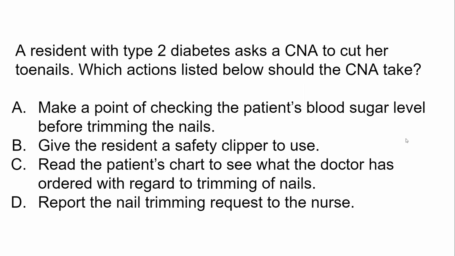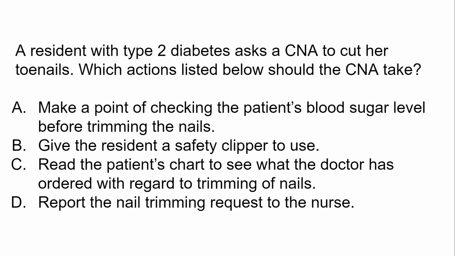A resident with type 2 diabetes asks a CNA to cut her toenails. Which actions listed below should the CNA take? A, make a point of checking the patient's blood sugar level before trimming the nails. B, give the resident a safety clipper to use.